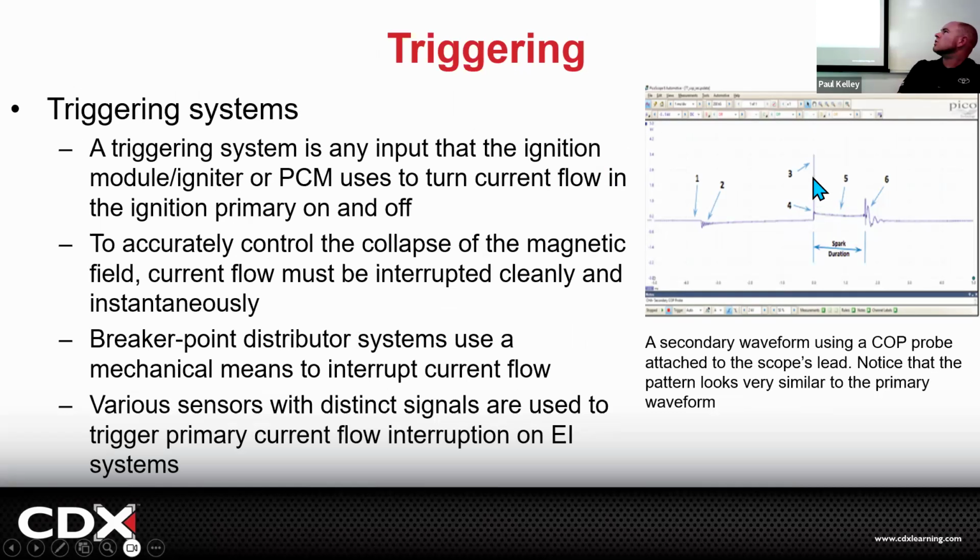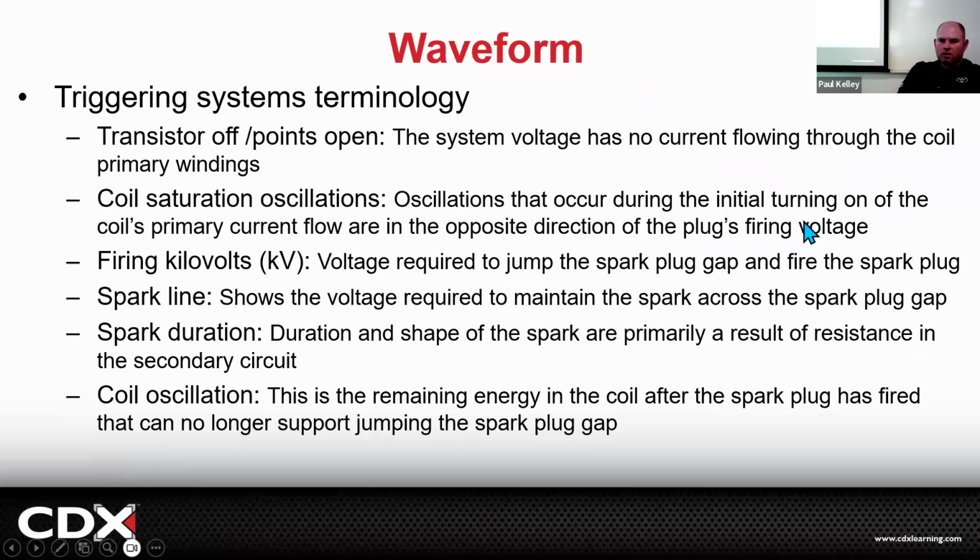So when you're looking at the initial boom, it's going to jump up, and then it's going to come down to a number and kind of settle, right? So 3 was really the firing line. I guess technically 4 is the amount of voltage that it was required to maintain the spark, right? It took a lot to get it started. It took a little bit less to maintain it. And then 5, as you'll see, right here, that's actually the spark duration.